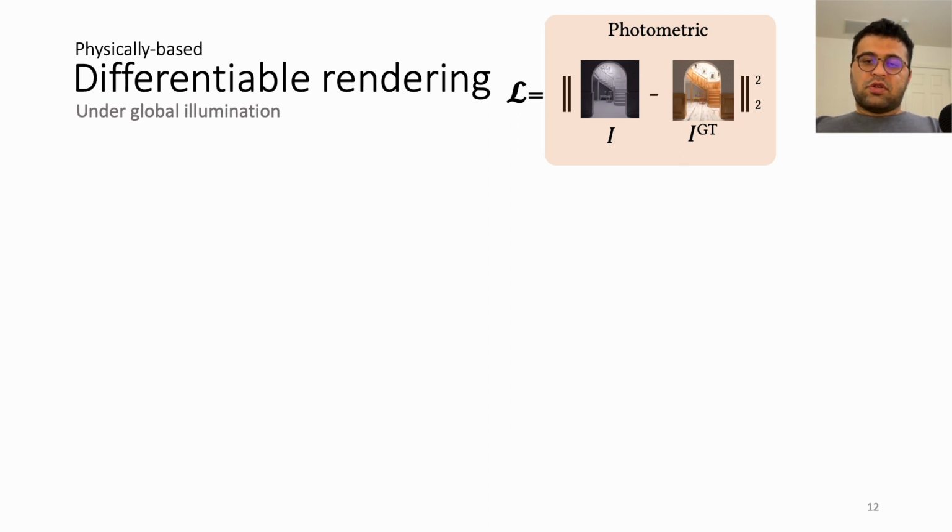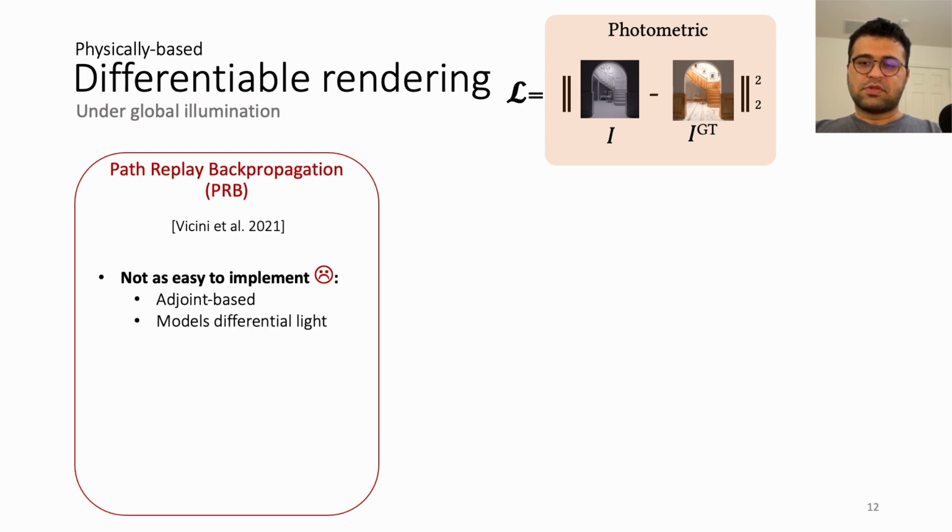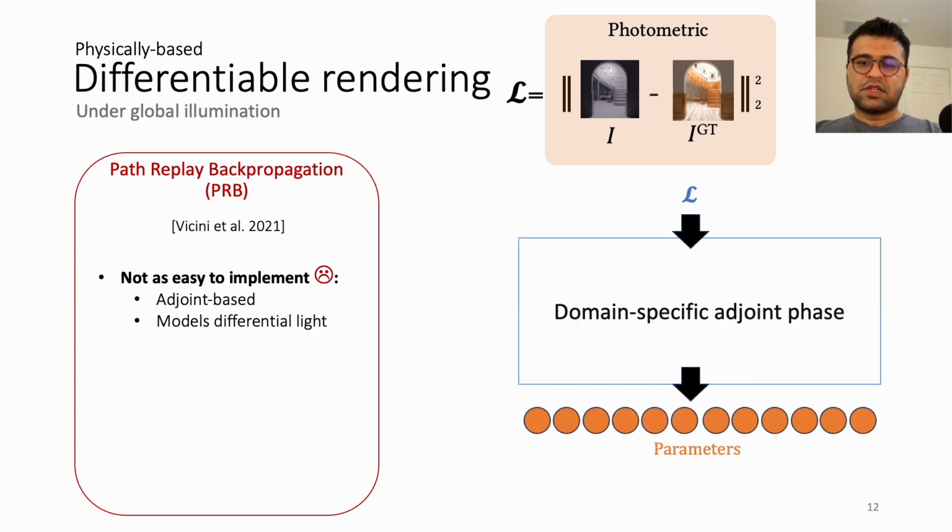The second algorithm is path replay backpropagation, or PRB, by Vicini and colleagues. Under the hood, PRB implements a path tracer, but it has a different approach to differentiate the path tracer, which makes it slightly harder to implement. This is because PRB is an adjoint-based method that models differential light transport in a domain-specific adjoint phase.